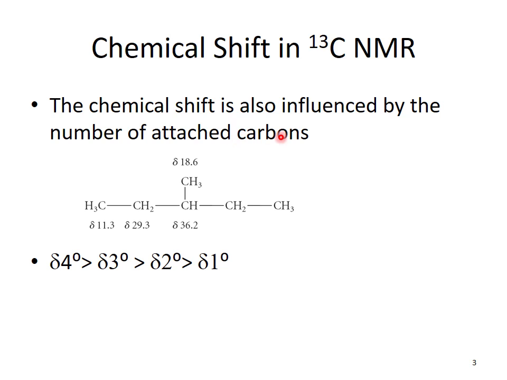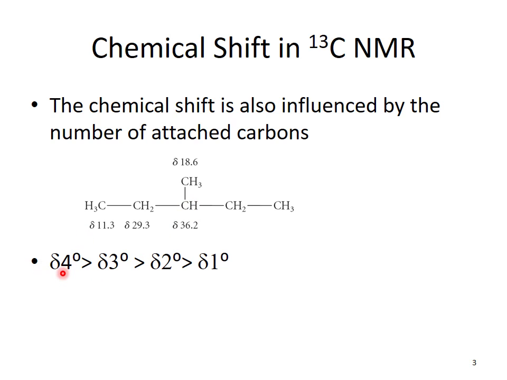The chemical shift is also influenced by whether it's primary, secondary, tertiary, or quaternary. Because carbons are more electronegative, the more carbons you have attached, the farther downfield it will be. So quaternary are really the farthest downfield.